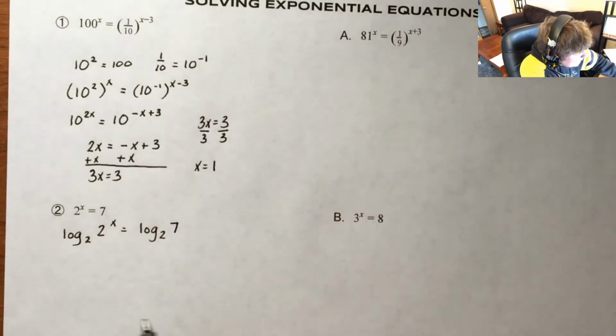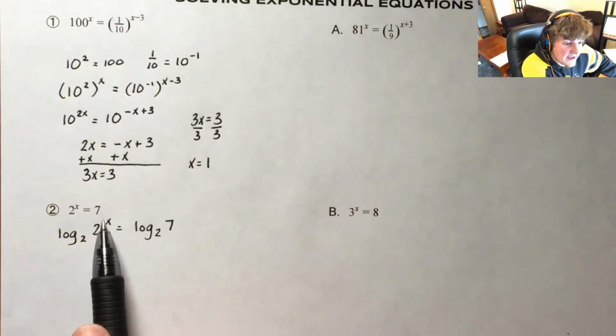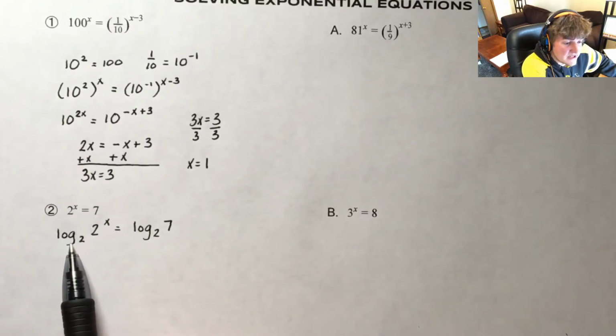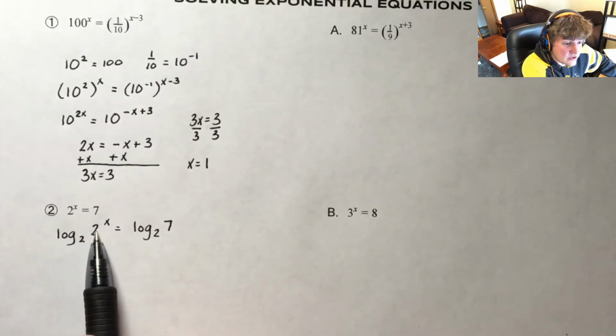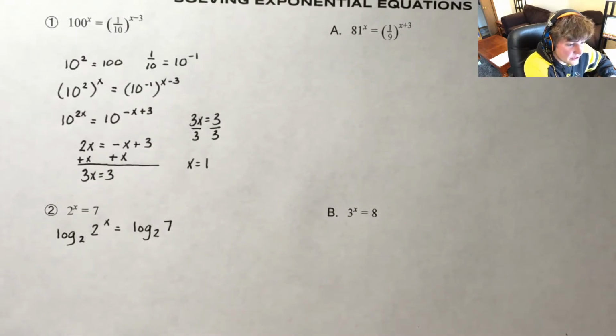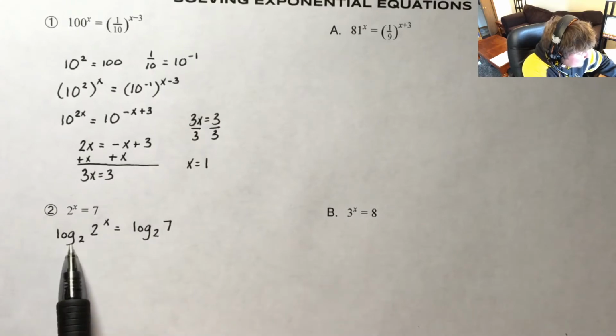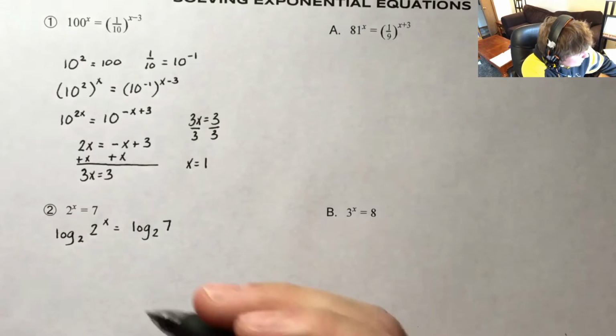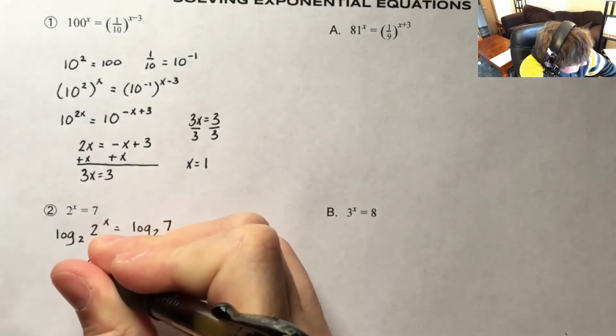I'm taking log base 2 and not 7 because my exponent is on the base of a positive 2. So when I'm taking log base 2, I'm doing that so I can undo this work here and just remain with this exponent here. These are inverses of each other. We worked on that in, I believe, 8.3. So I can just rewrite this as just x now.